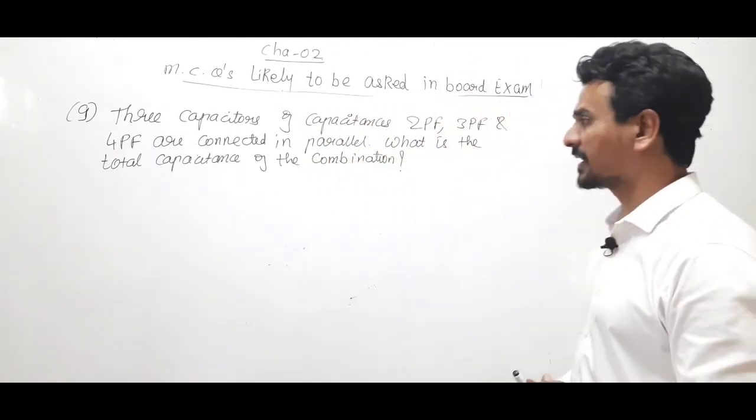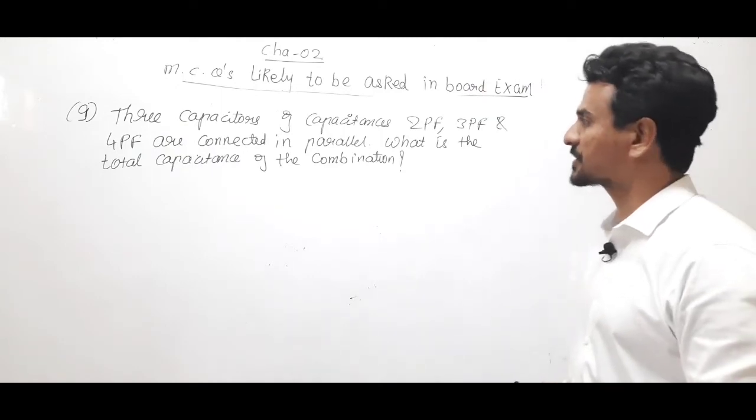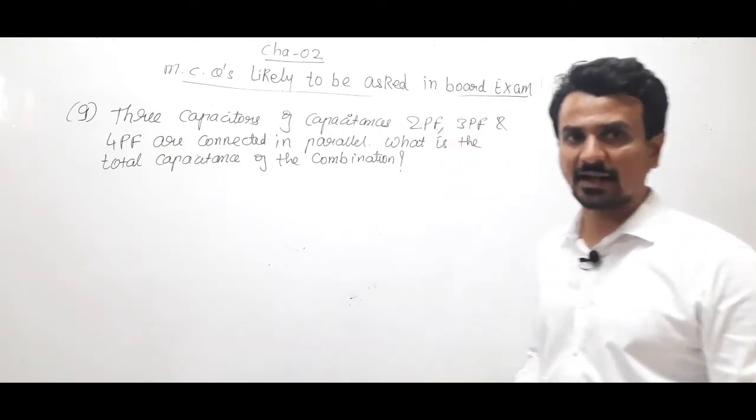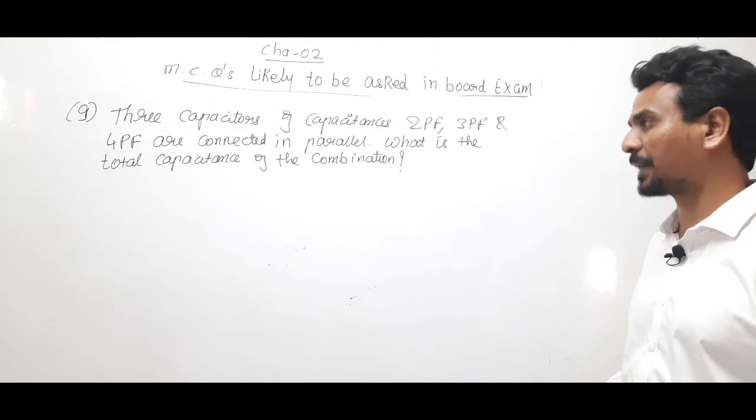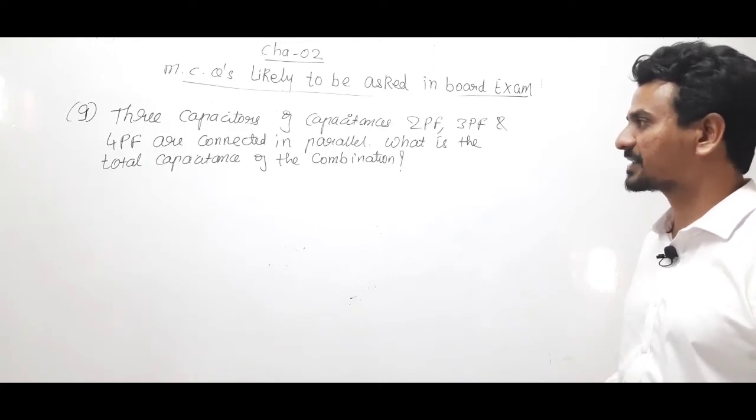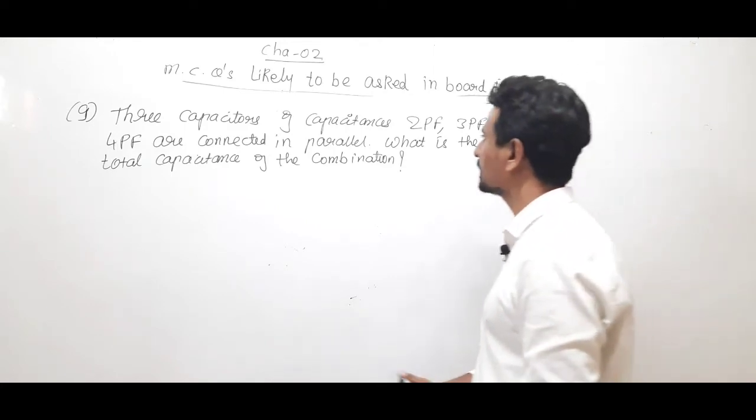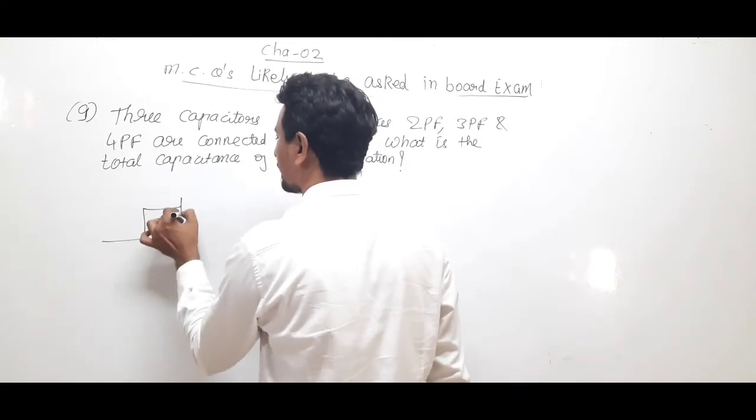9th one. 3 capacitors of capacitance 2 picofarad, 3 picofarad and 4 picofarad are connected in parallel. What is the total capacitance of the combination? This is a very easy question.